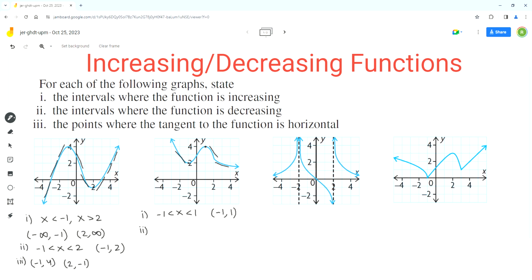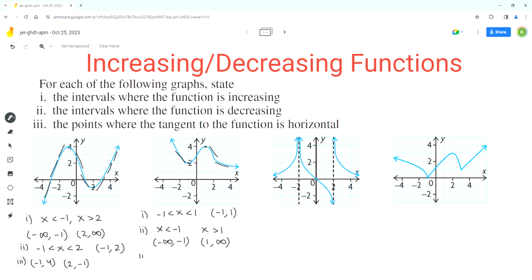So the first interval on the left side will be x is less than -1, and in interval notation we can write it as -infinity to -1. The other interval will be x is greater than 1, and in interval notation it will be 1 to positive infinity. So these are the two intervals in which the function is decreasing.